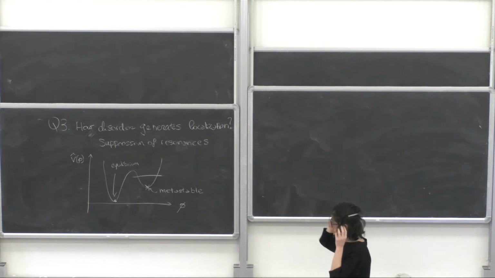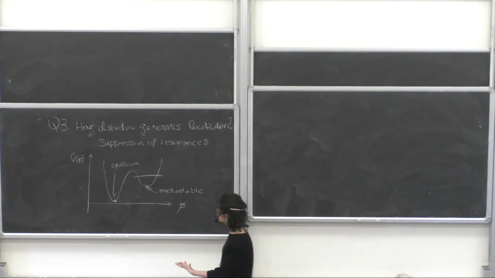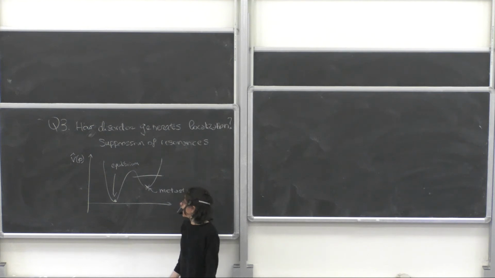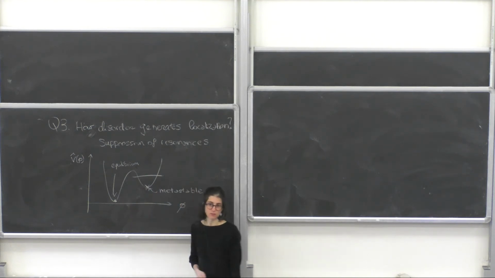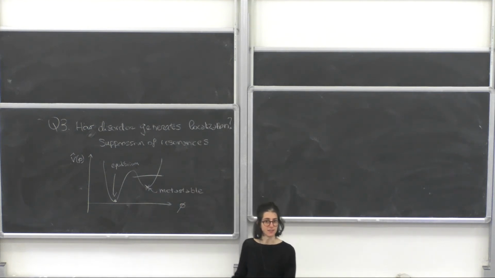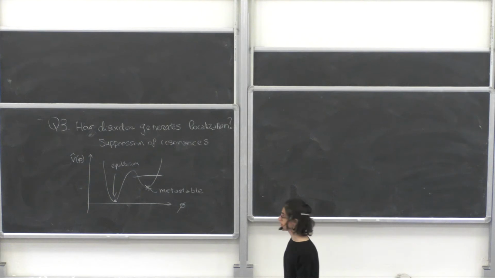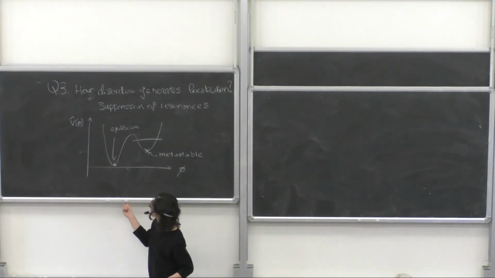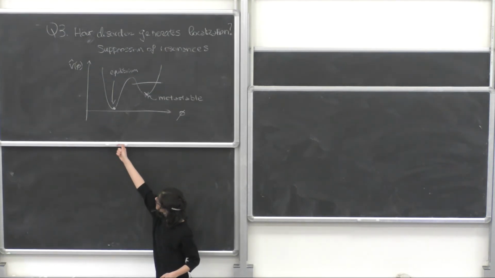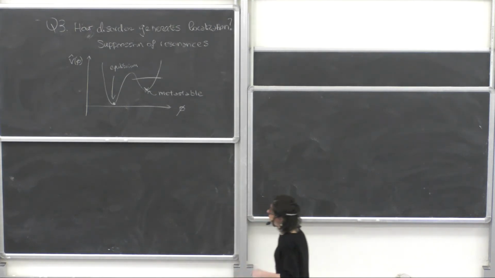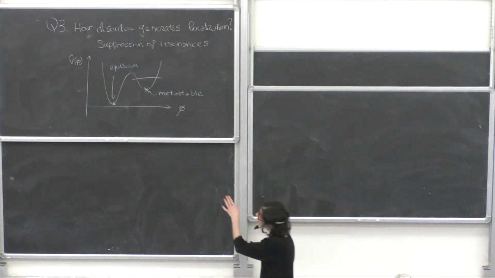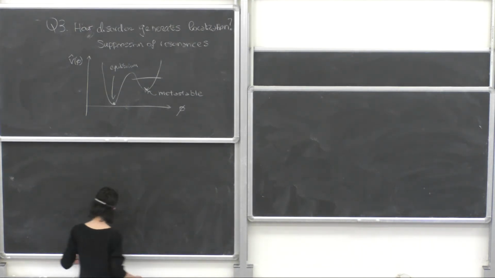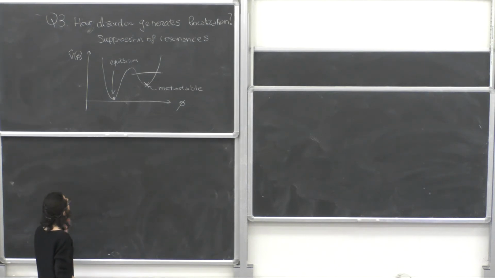So now one question that you can ask is, what happens if you add quantum fluctuations to this system? And in general, you may expect that quantum fluctuations help you because you can tunnel across your barrier, and therefore this may help you restoring ergodicity in this situation. So this is true, but not always. So what you can do is you take this system and you write down a super simple toy model.